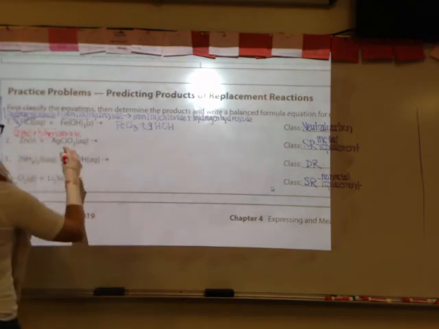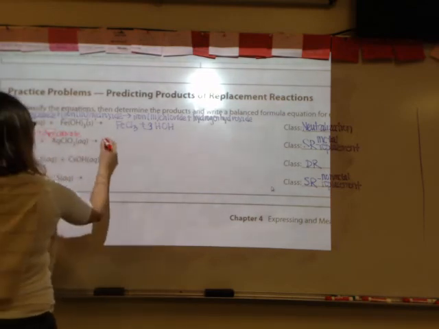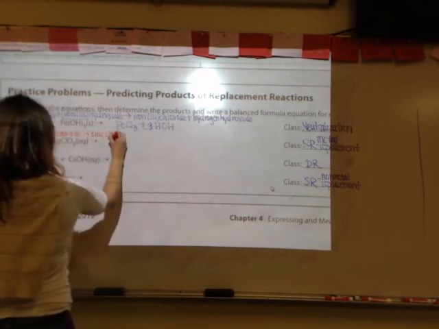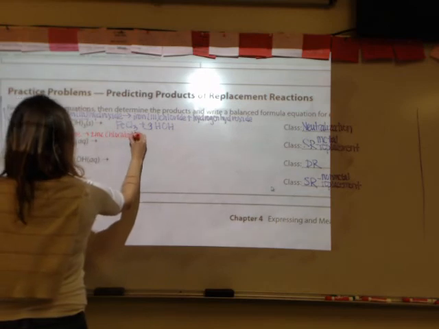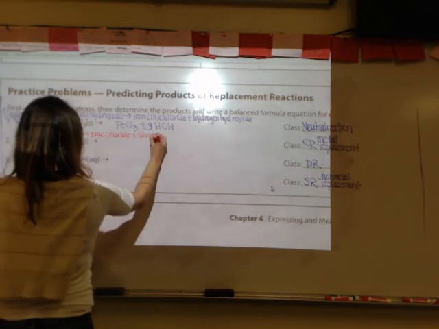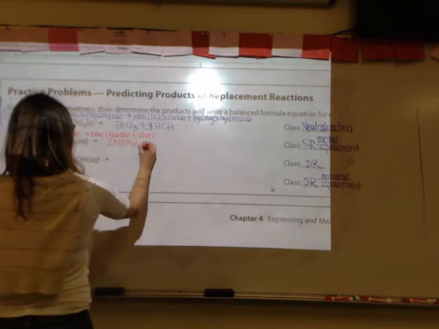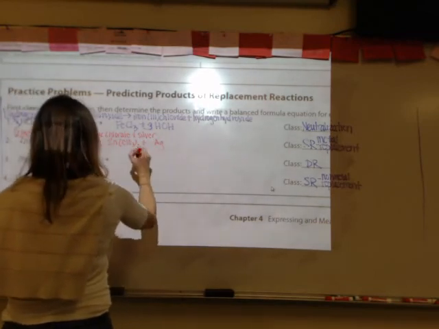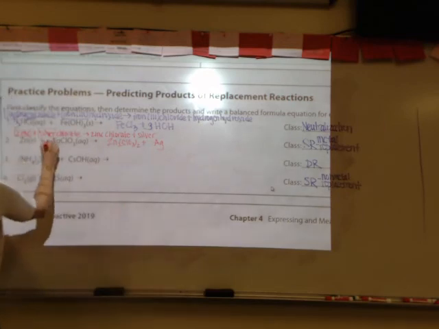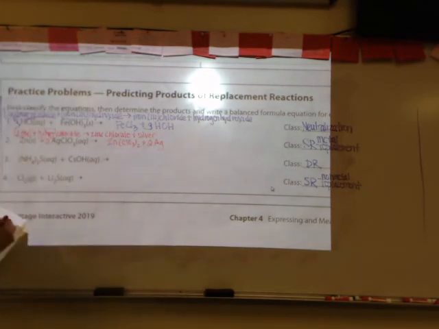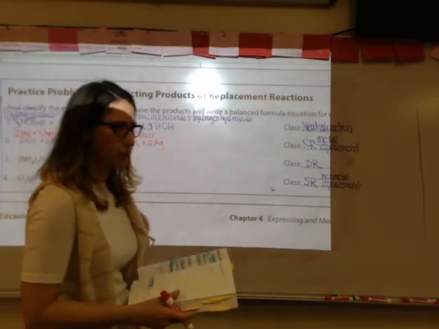And it is, so that means it will replace silver in the compound, and you're going to form zinc chlorate plus silver metal. If I cross charges, I get Zn(ClO3)2 plus Ag. 2 chlorates, we're going to put a 2 in front of AgClO3 and a 2 in front of Ag. And that's your balanced reaction.